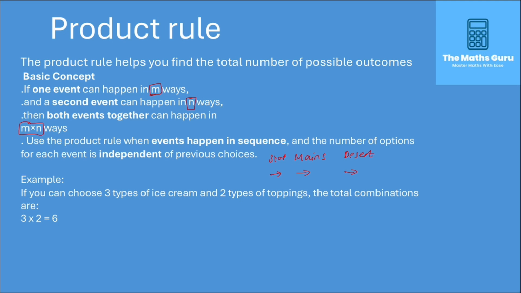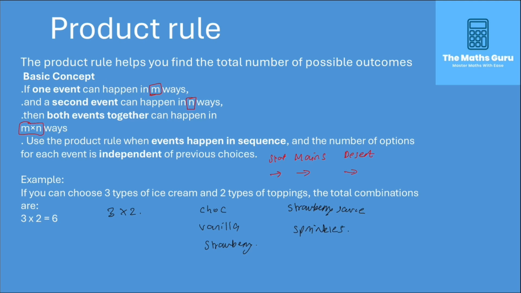So, if you can choose 3 types of ice cream and 2 types of toppings, the total different combinations are 3 times by 2. Say the 3 types of ice cream are chocolate, vanilla, and strawberry, and the toppings are strawberry sauce or sprinkles.